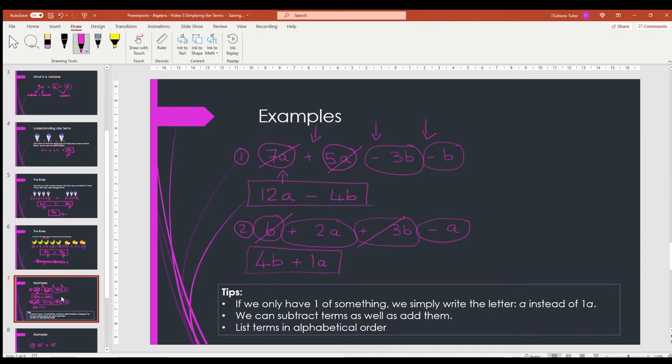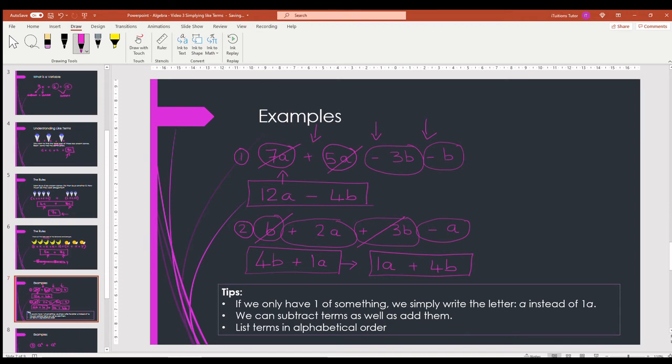However, in algebra, when we simplify expressions, we list the terms in alphabetical order. Therefore, this should be written as. But there's one more thing that I need to highlight to you about this expression, which is when we only have one of something, we simply write the letter.